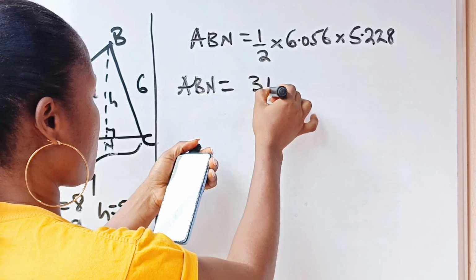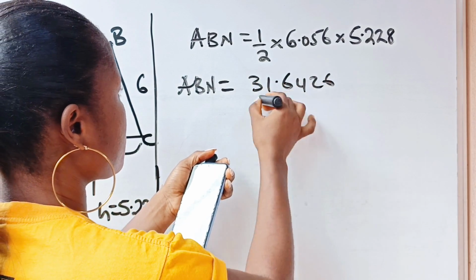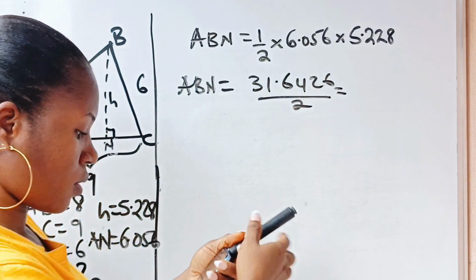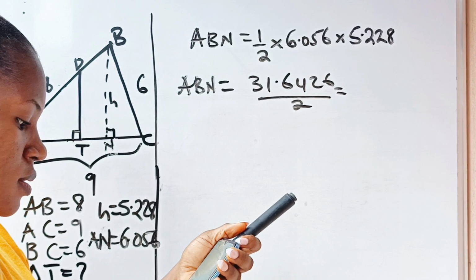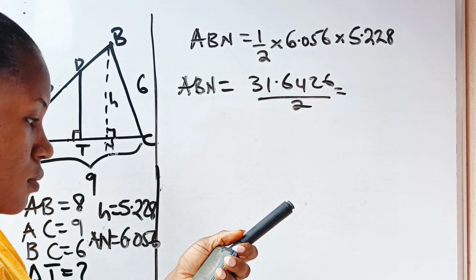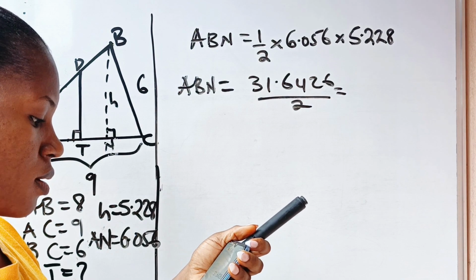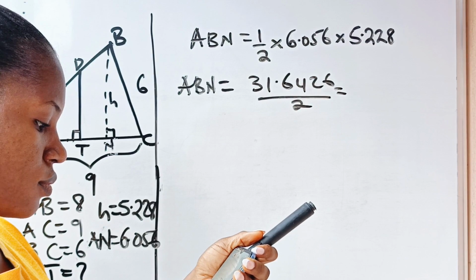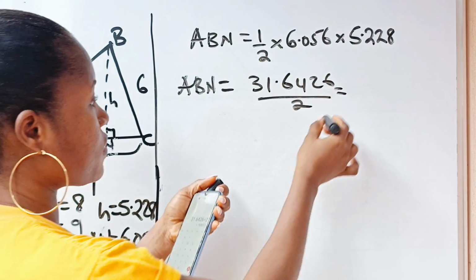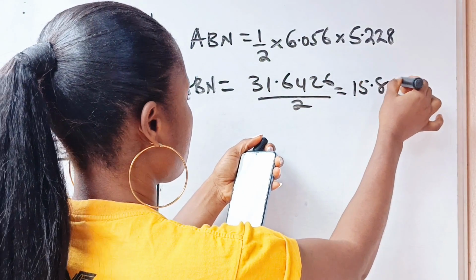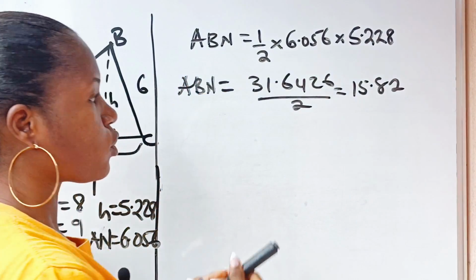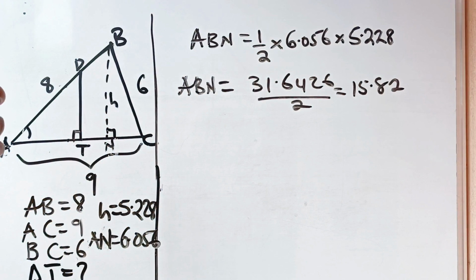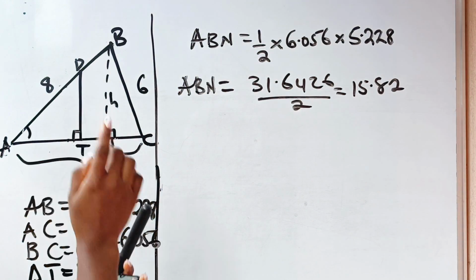Then 31.6426 divided by 2 will give us 15.82 approximately, to 2 decimal places. So this is what we have as the area of ABN.